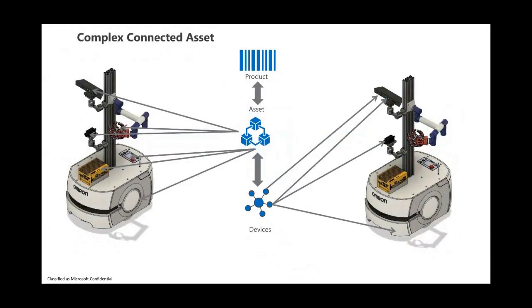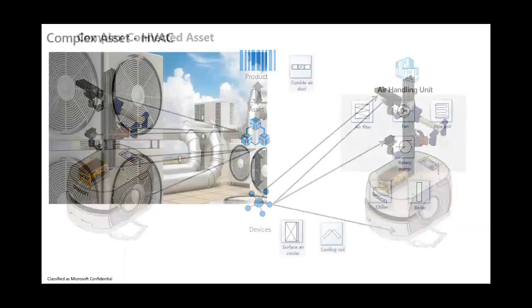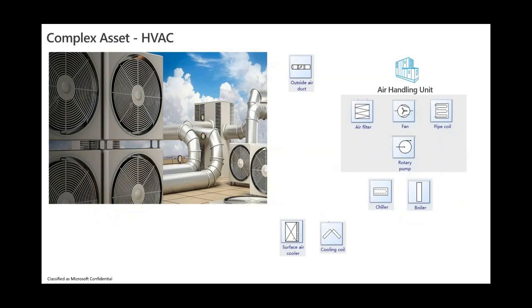In a more complex scenario, you could have a device that has multiple monitoring points and has multiple situations where different areas of the device can send out different types of signals. Here's an even more complex asset with HVAC.